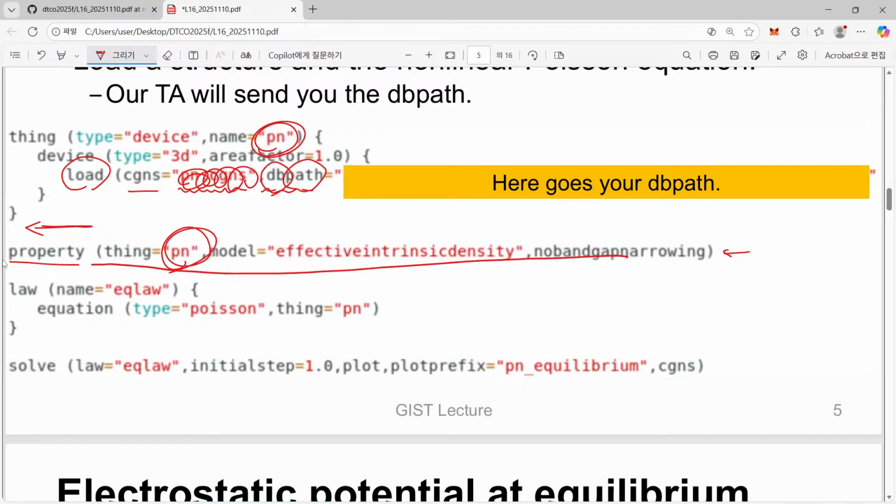You must specify this effective intrinsic density model. You must specify something, and here we are currently using no bandgap narrowing model. What is the bandgap narrowing model? If we have sufficiently high doping density, then the actual effective energy bandgap is slightly reduced.